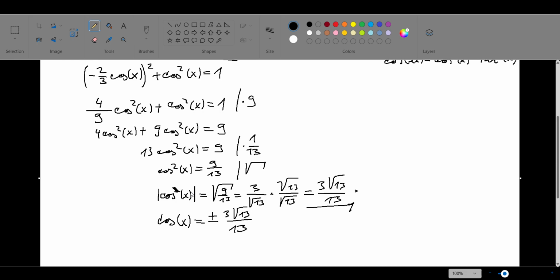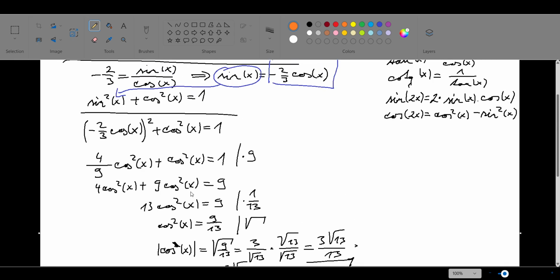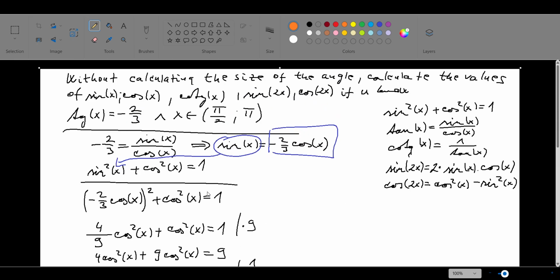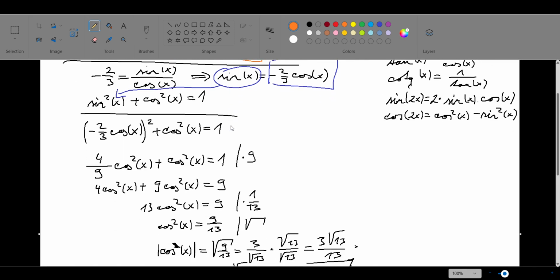Now we have to make the decision if it's a positive or negative number, but this decision is going to be made on the information from our task, where we know that x is from the second quadrant.